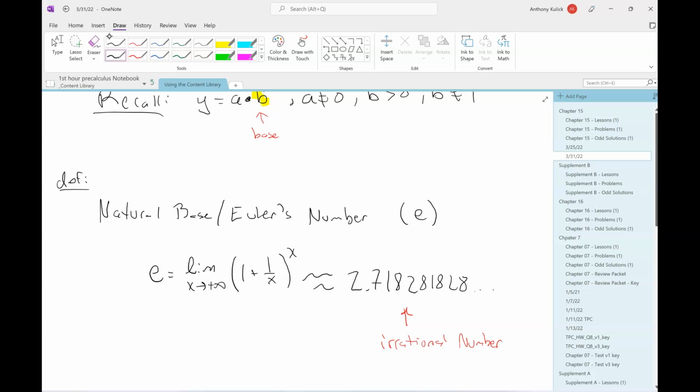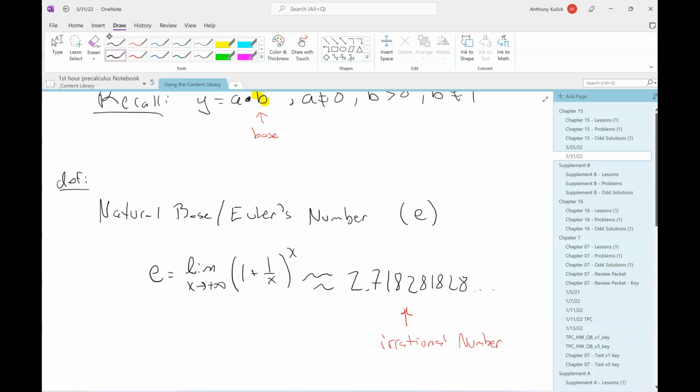So is 0.25 irrational? No. It doesn't end. So like 0.3 repeating is irrational? No. So irrational means you can't write it as a fraction. So 0.3 repeating is 1/3. That's fine. Irrational is stuff like pi or the square root of 2, or in this case, e.